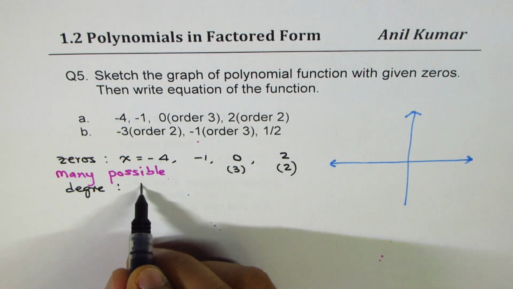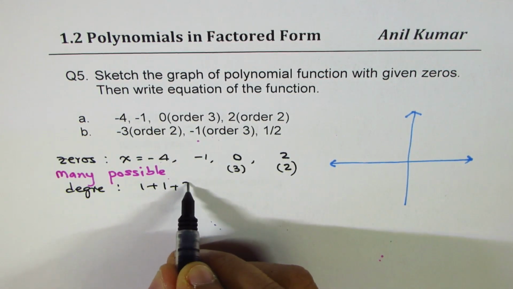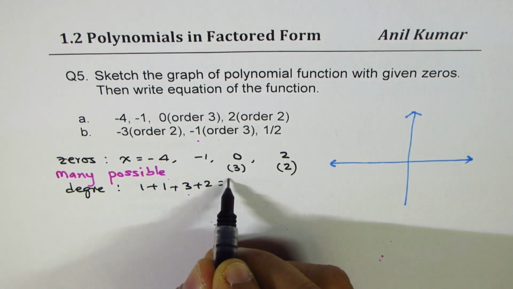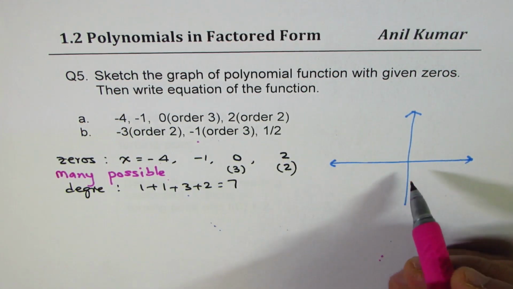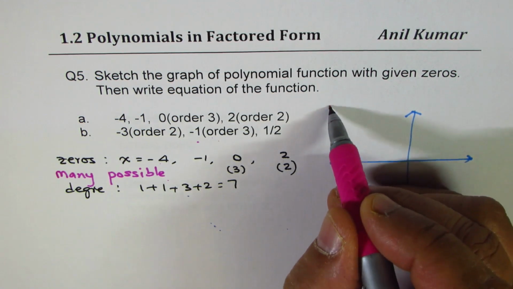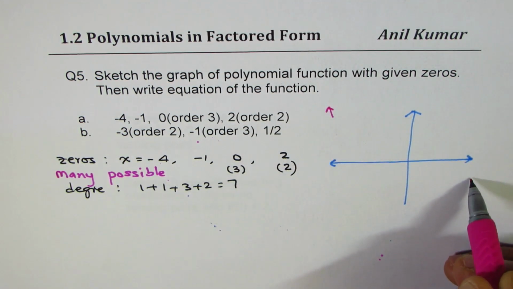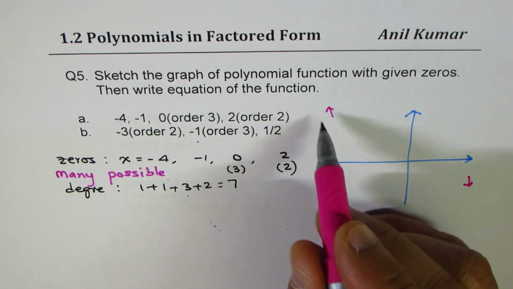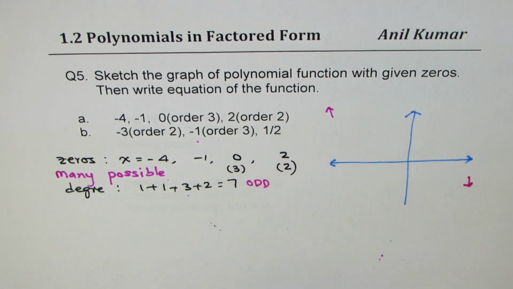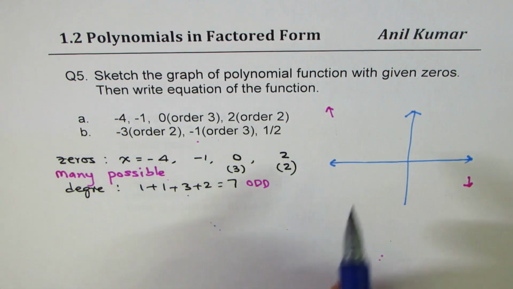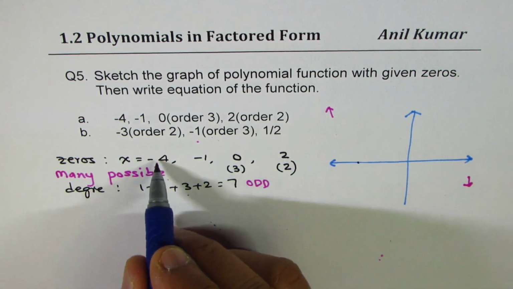So let's add. We have 1 plus 1 plus 3 plus 2, which is 7, right? Odd. So what I'm assuming here is that we'll do it with a negative leading coefficient. So we'll start from here and end at the other end. Is it okay? Odd degree means opposite ends. Perfect? Okay. So -4 is the leftmost. So let's say -4, which is linear.